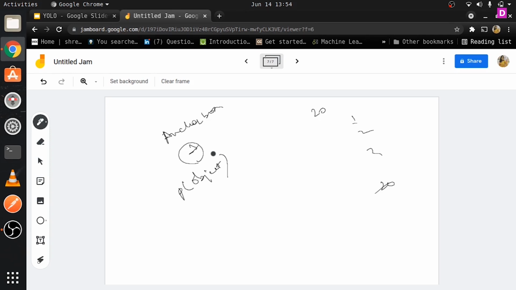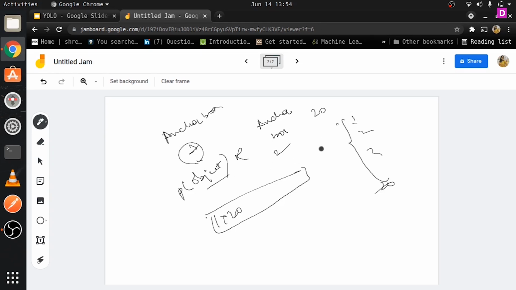Next, you calculate the probability that it belongs to any of these classes if there is an object. Once you have these, you multiply them. So what you get is basically a 1 cross 20 tensor. But this is for the first anchor box. At the same time, for the same grid cell, you also have to find the values for anchor box 2. So this probability will be multiplied again.